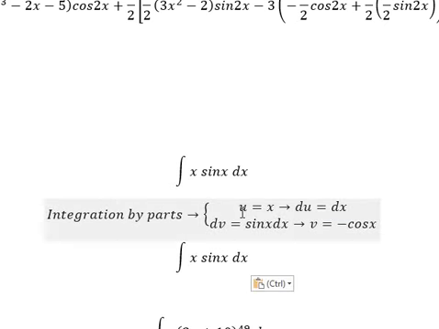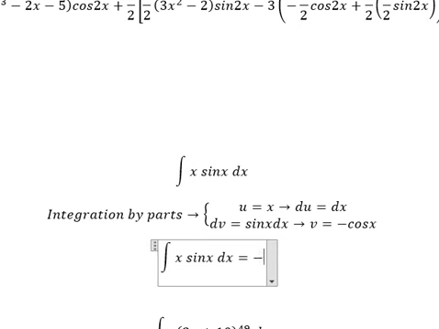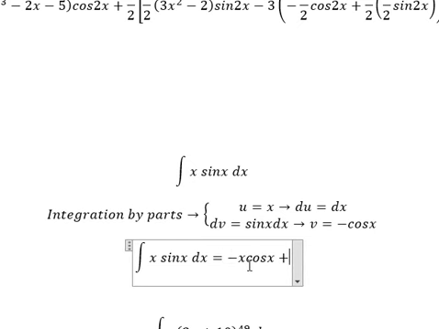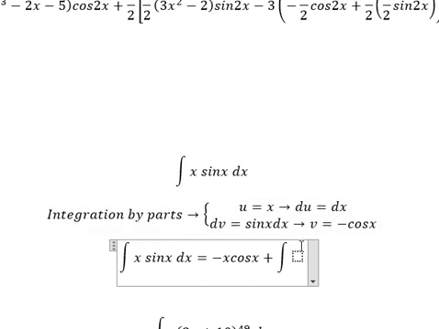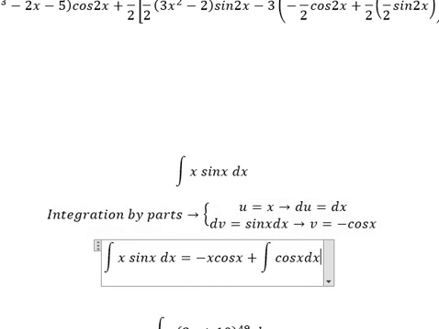So we got u multiplied by v. Because you have the negative sign here, so you got positive. And we have du multiplied by v. And you got cosine s ds.